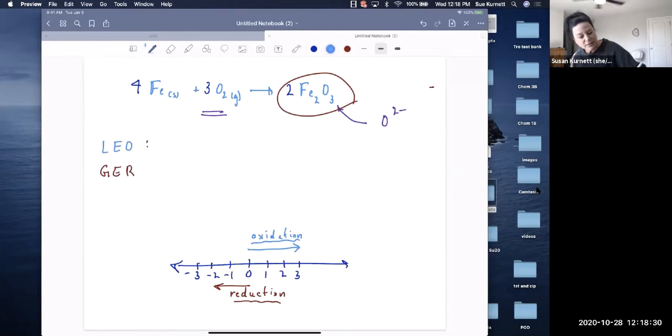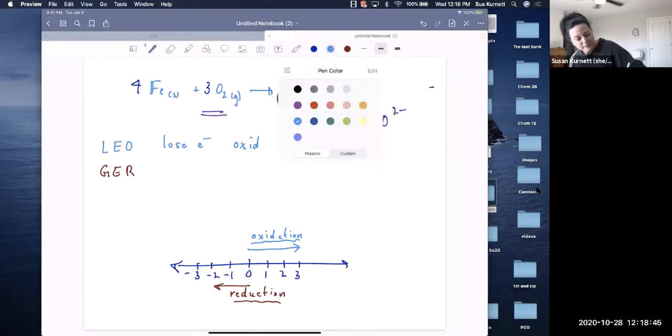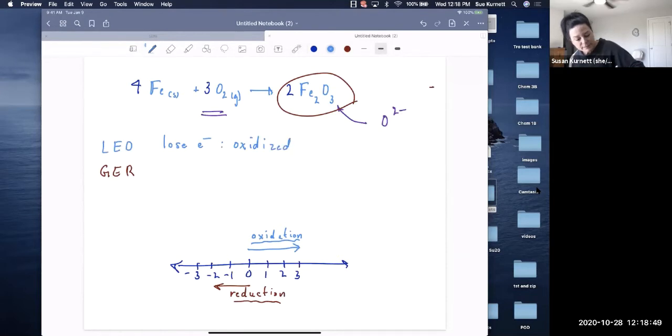And Leo stands for lose electrons, oxidized. Gain electrons, reduced.